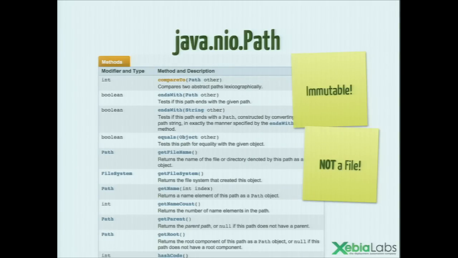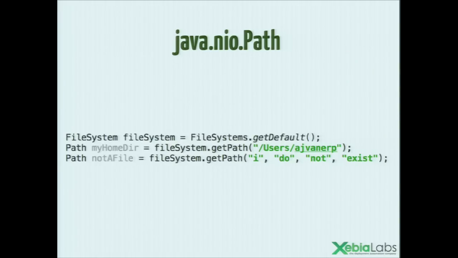So if we look at the Path interface, it has a lot of methods which actually deal with paths, but not with files. A path is not necessarily a file. There's still a difference there. And one of the main things here in Path is once you construct it, it's immutable. So how do you use a path? Well, you get one from a file system.